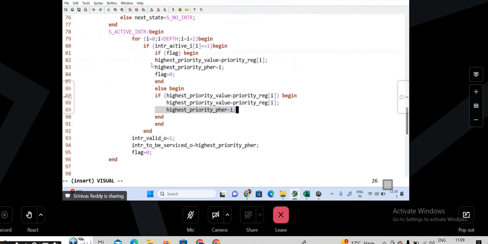Reset state, right? Again, I need to check the else or if statement here. If interrupt active is not equal to 0, begin. What is my next state?